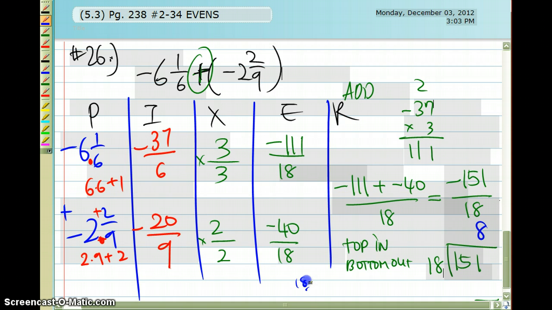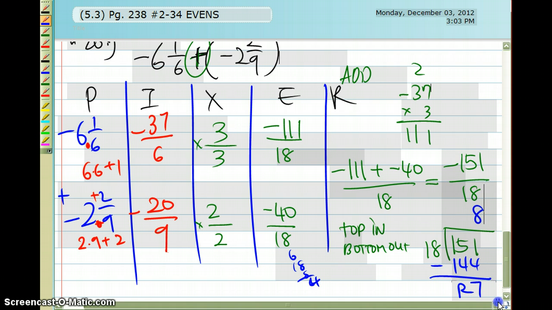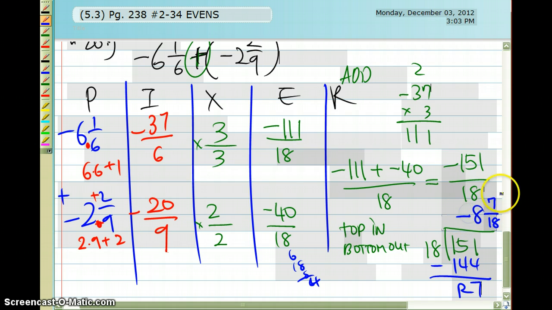So 18 times 8 gives me 144, and then 151 minus 144 is going to give me a remainder of 7. So that remainder 7 gives me the 7 in my numerator, 18 in my denominator, and then my answer will be negative. So that would be my final answer right here.